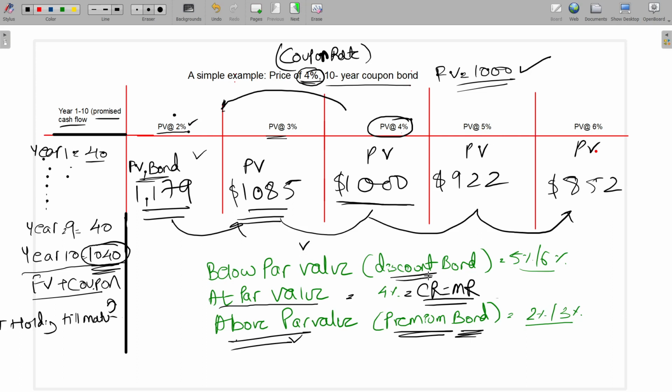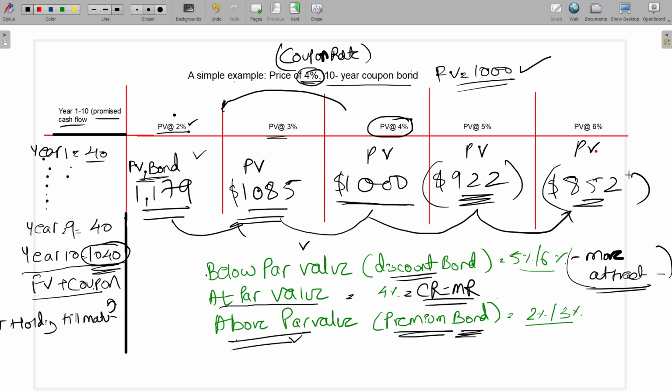Now a discount bond would be attractive because you're going to pay only this much to buy the bond, and I am going to receive the cash flows, and on maturity I'm going to receive the face value of 1000 plus the cash flows for so much less. That's why the below par, or discount, bond is more attractive to investors.